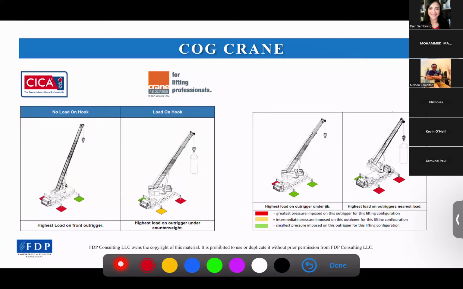If the COG is at the front of the crane center, then the most pressure will be at the front outriggers. And if the COG is at the back, then the most pressure will be at the back of the crane.